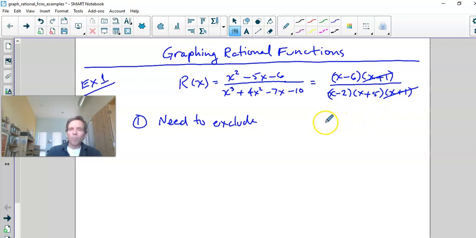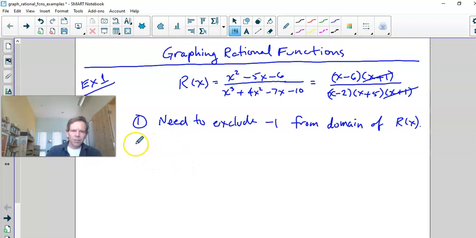So that'd be -1, right? -1 would make either of those 0. So we are going to exclude -1 from the domain of r, our rational function, r of x. That just means we'll put a little open circle on the graph at -1, x equal -1.